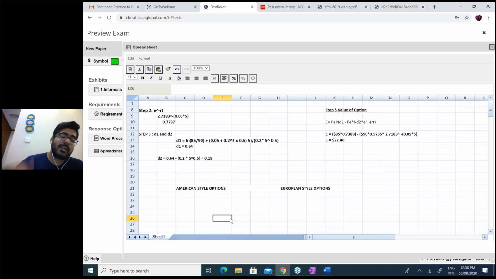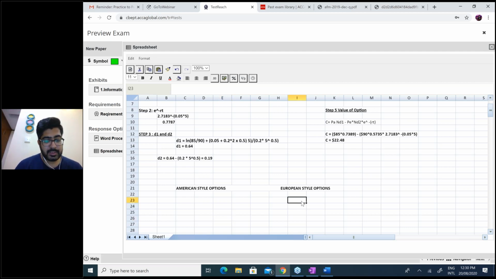American style options can be exercised anytime before that 30th Jan 2021. But if the options are European style options, then if the expiry date is 30th January 2021, you can only exercise on 30th January 2021, only on that date. You cannot exercise them before. Okay.